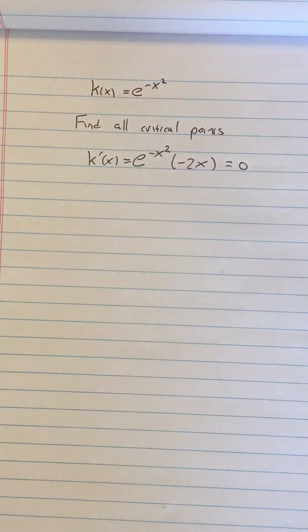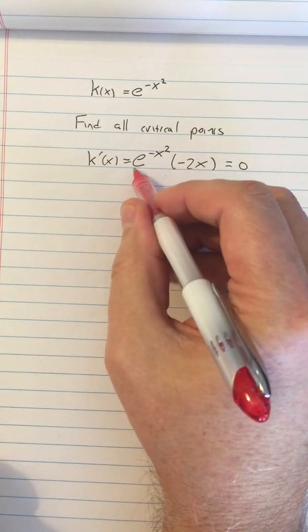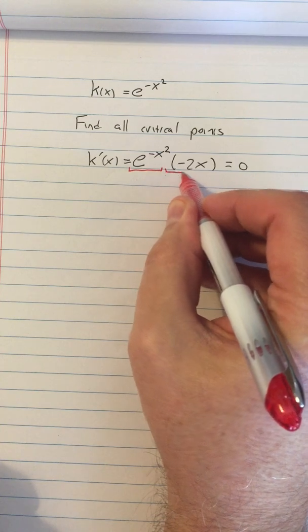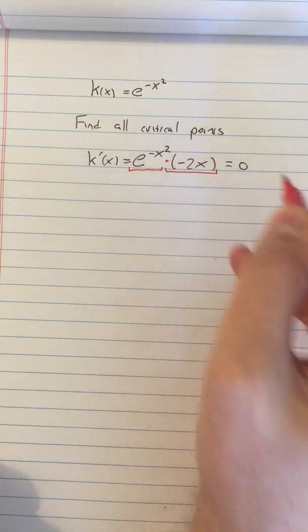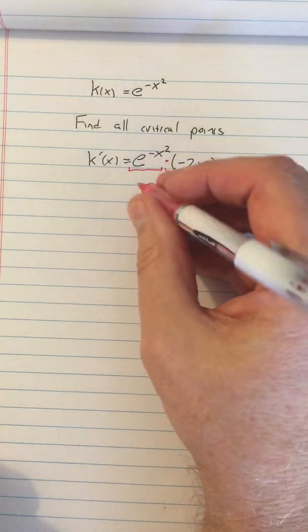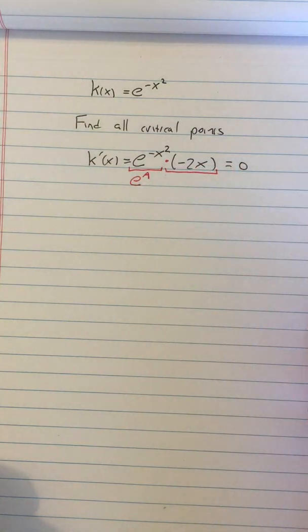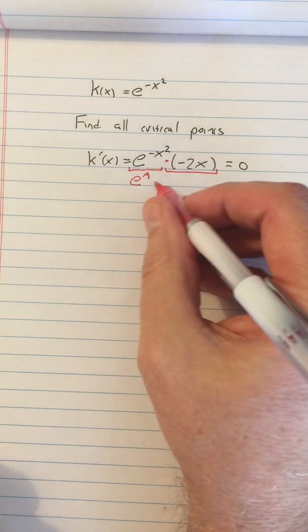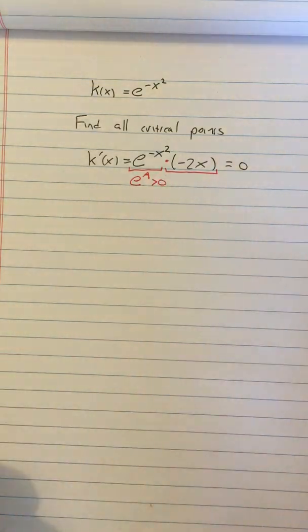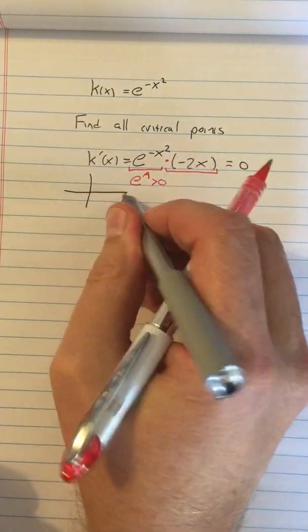Now, this example is a great example of something the AP exam likes to do a lot, and it's a really good thing to be aware of. We have a product of two factors, and that product has to equal 0. So an important thing to know is that e to the power of anything, any expression at all, is always positive, right? You know this from the graph of e to the x.